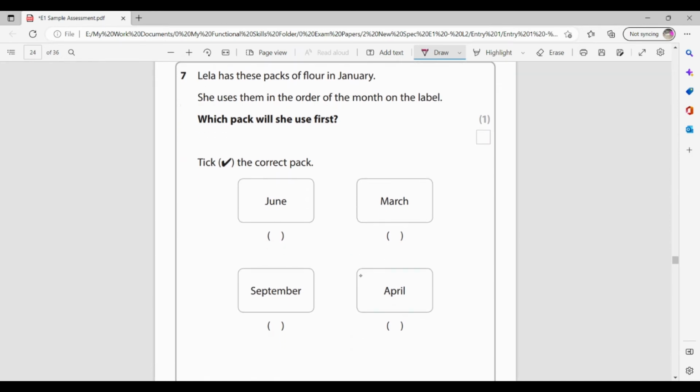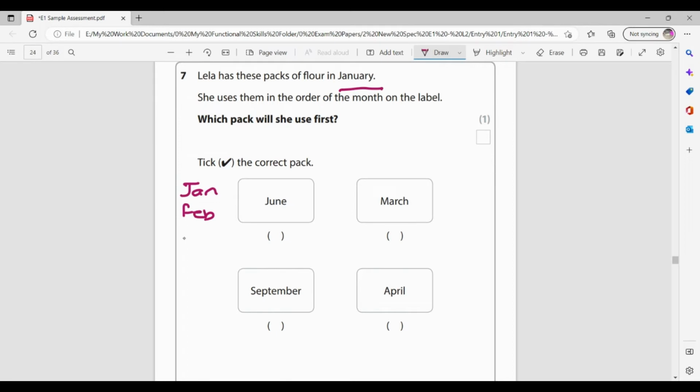Leela has these packs of flour in January, so we're starting in January. She uses them in the order of the months on the label. Which pack will she need first? It's currently January, and she needs the one that comes next. Which one would she use first if she uses them in order?